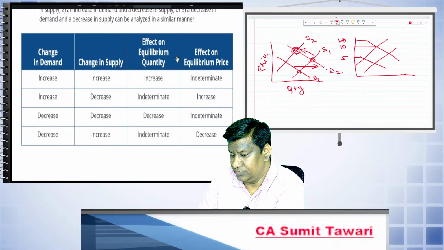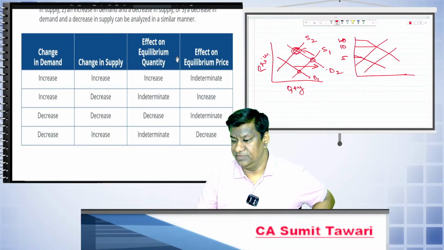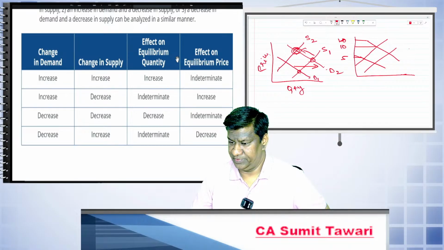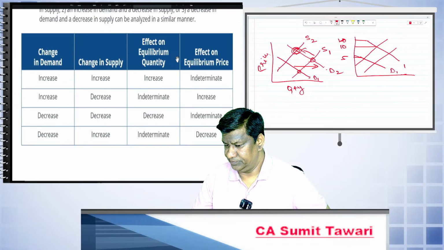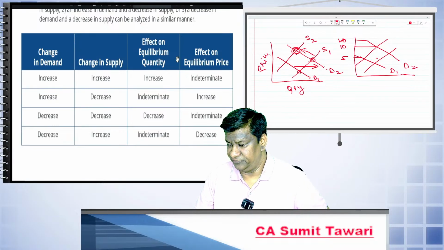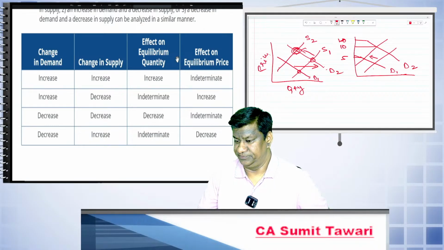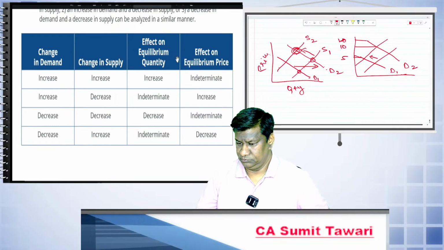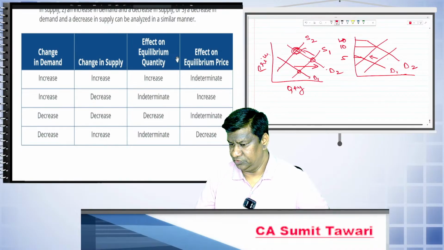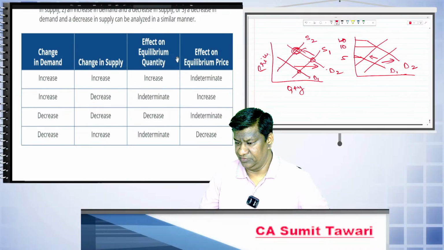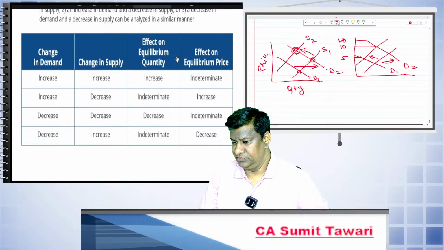Okay, so change in demand T2. So my demand curve shifts from here to here. Sorry, here to here. The supply curve shifts from here to here.